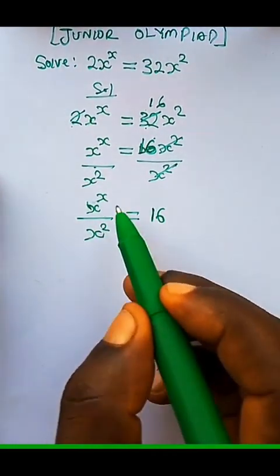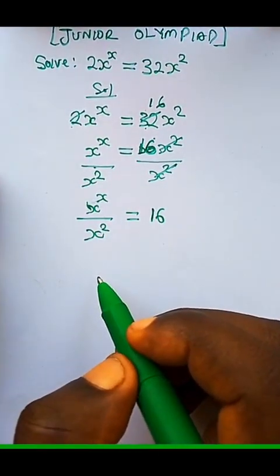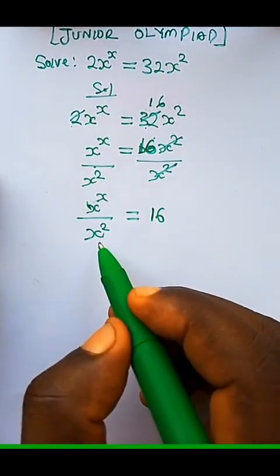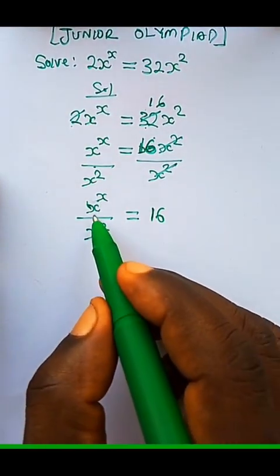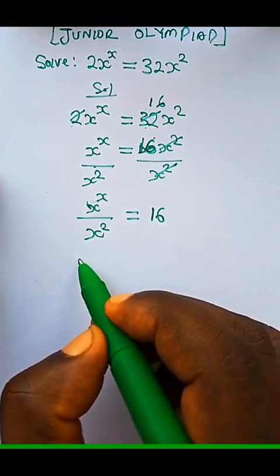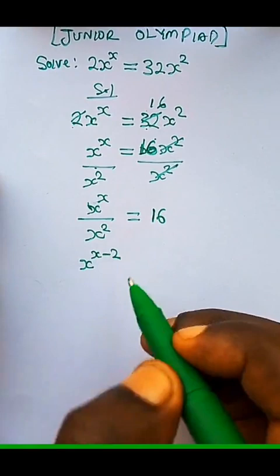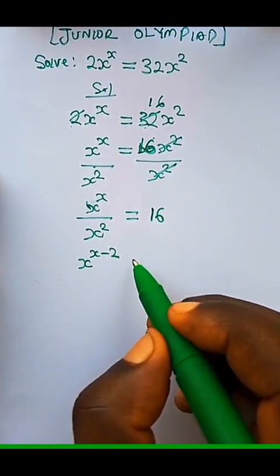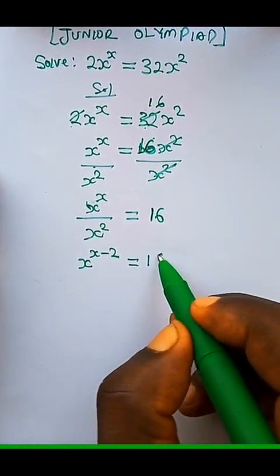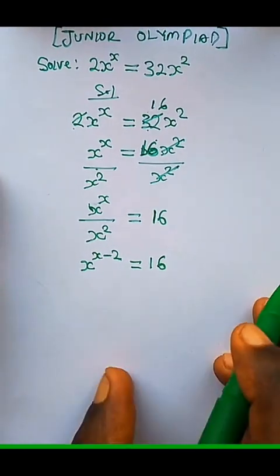So you can rearrange this. What we get, because this is dividing this and they have a common base, you can say that x to the power of x minus 2 will be equal to 16.